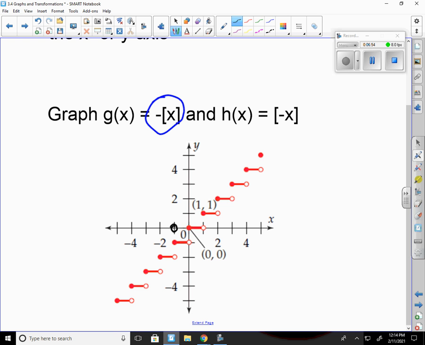So now it's going to be an open circle over here, and like this. That's close still. And then now this point comes over to the negatives, and it goes negative 2.